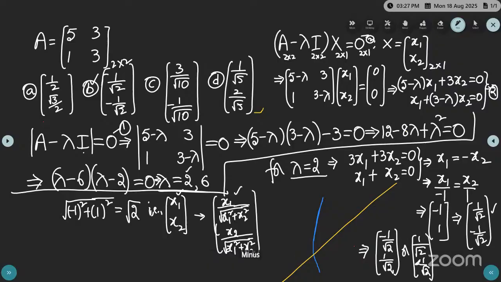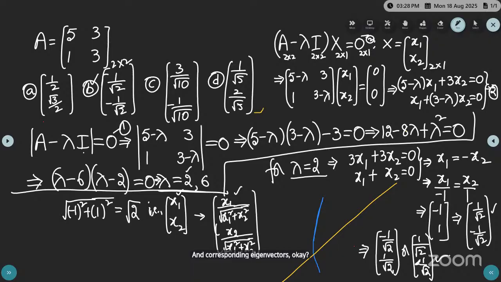Okay. One of the normalized eigenvectors for the given matrix. Okay, Nama? So if we have given a matrix, how to find the eigenvalues and corresponding eigenvectors.